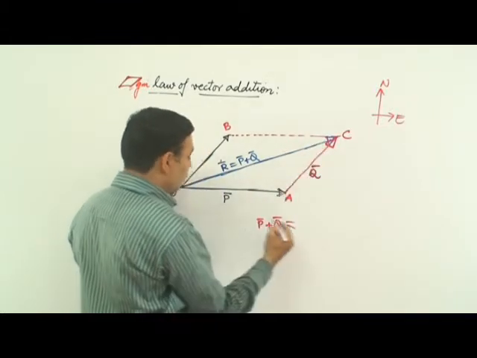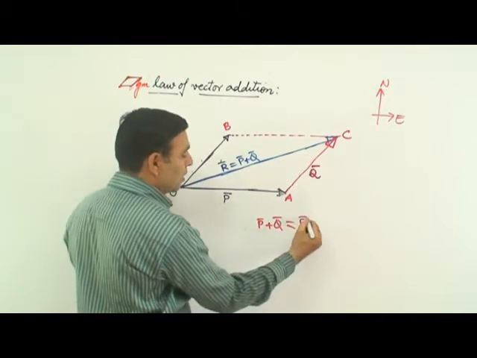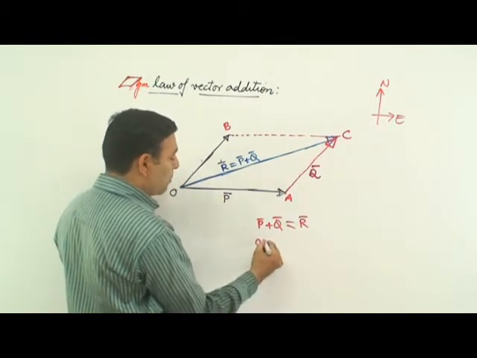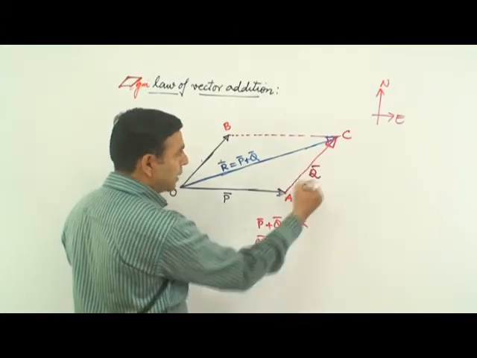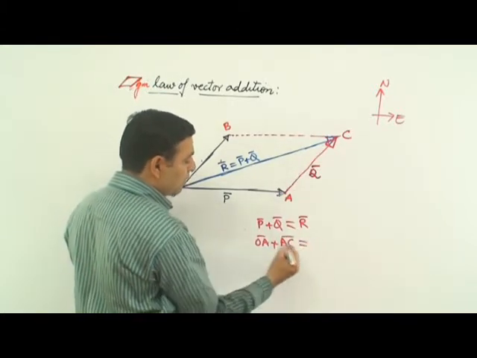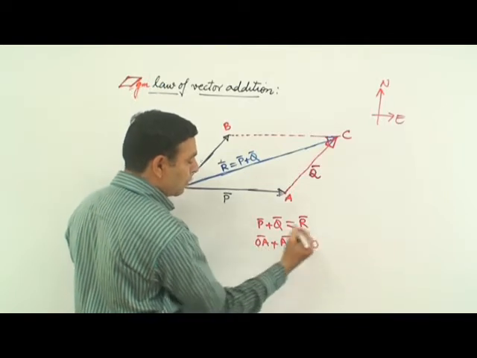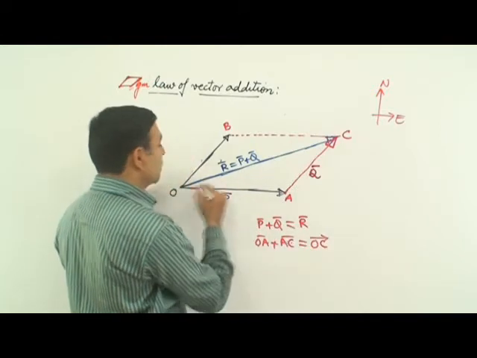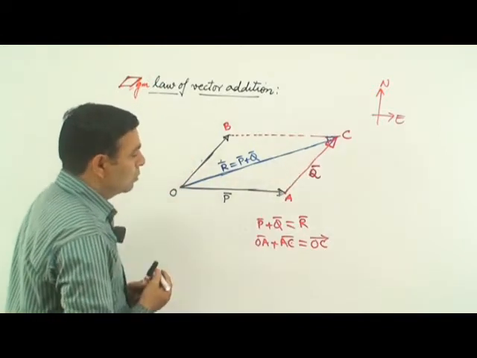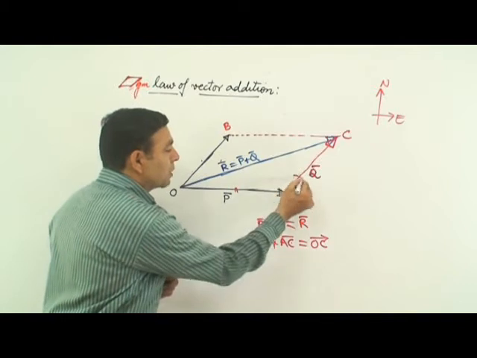So P is OA and the second vector should start where the first ends, that is AC. The first vector's tail is the tail of the resultant, the head of the second vector is the head of the resultant, OC. OC is nothing but R. Fine. So P plus Q is R.